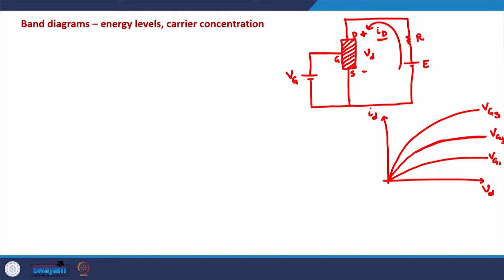Okay. And in this closed circuit here, if we write down the KVL, it would look like this: E is equal to ID times R plus VD. So, in this closed loop, the KVL will look like this.